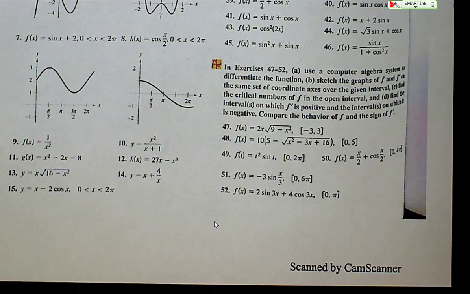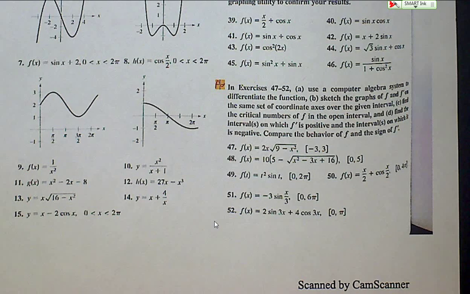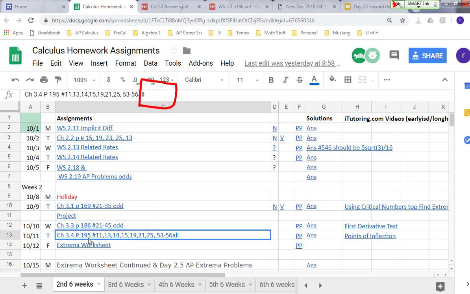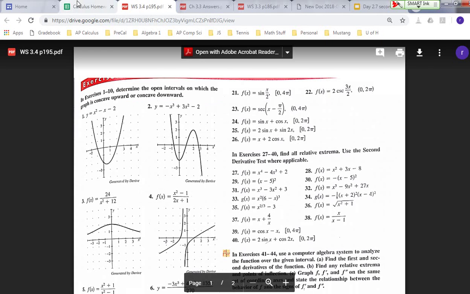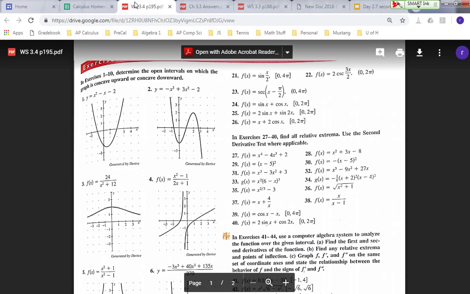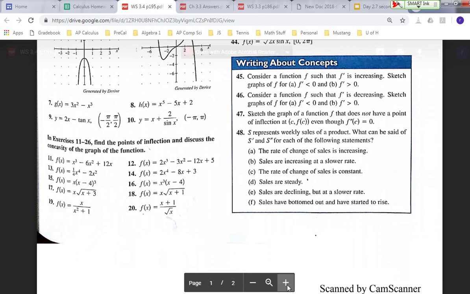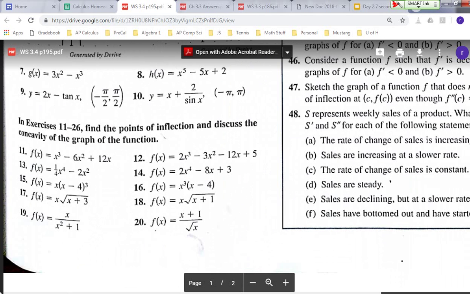So let's go try one out. We're going to do number 11. x cubed minus 6x squared plus 12x.